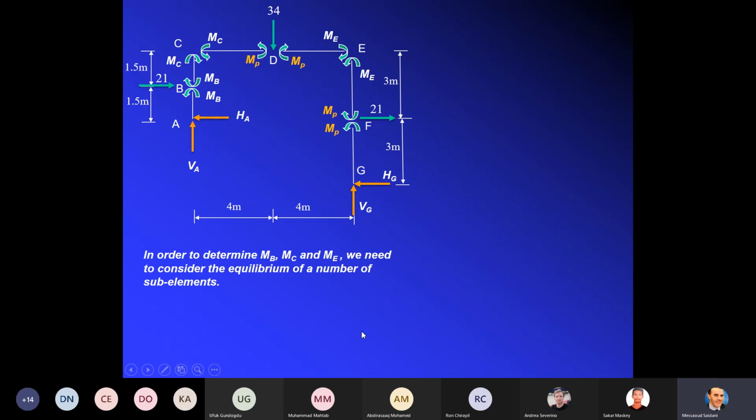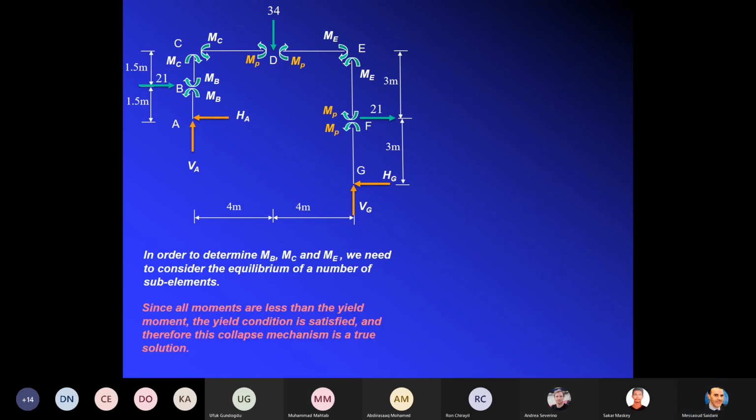As I said, there are different ways you can use to determine the moments at B, C, and E. One way I've done it is to start by considering the equilibrium of the frame as a whole.